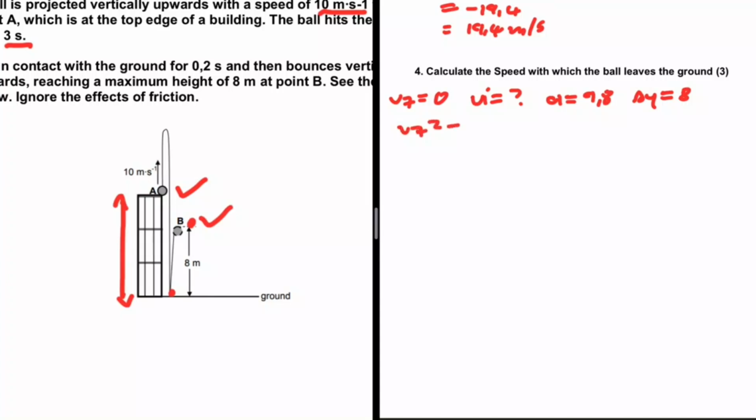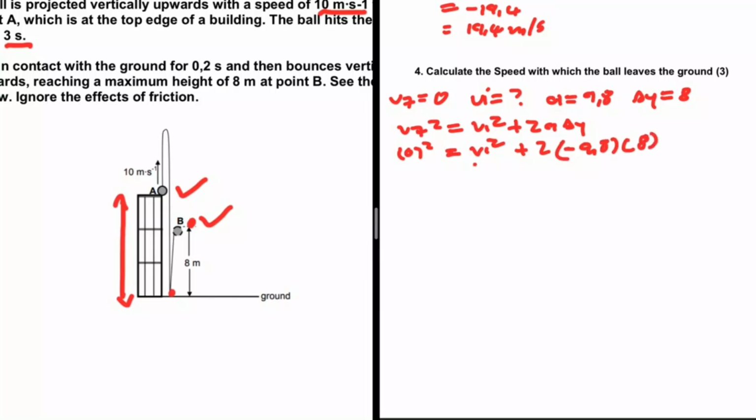Vf squared is equal to Vi squared plus 2a delta y. That should be quite easy to see. Vf is 0, so we have 0 squared equals Vi, what we're interested in, plus 2. Acceleration is minus 9.8, delta y is 8.